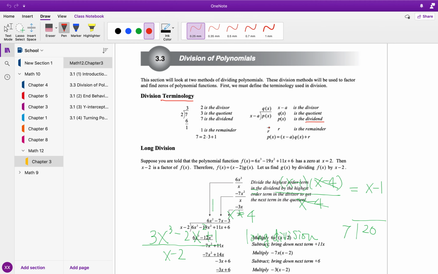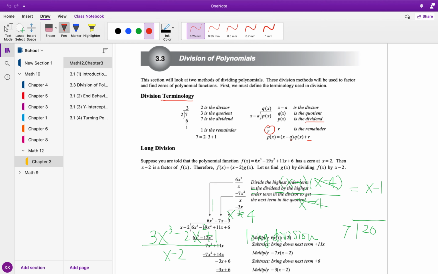In the end, if this becomes 0, then you have no remainder. But if there's r, then there's a remainder. Now in this case, it seems like the remainder is only a number, because it's a number r as remainder. However, note that a remainder can also be a polynomial. It could definitely have the remaining x to the power 2. Different things could remain in the very end.